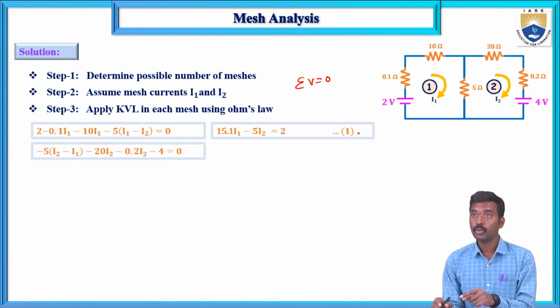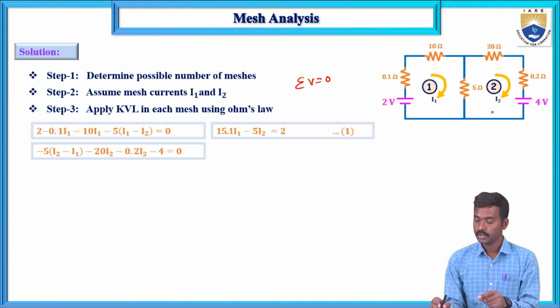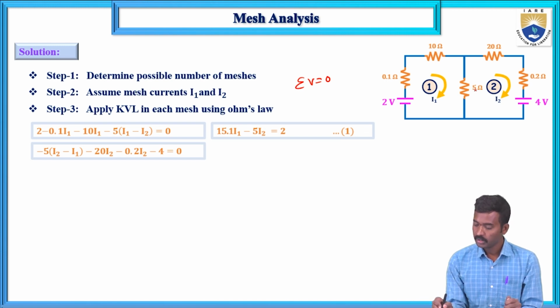In the second loop, the second mesh, apply KVL. Minus 5 (I2 minus I1), minus 20 I2, minus 0.2 I2, minus 4.